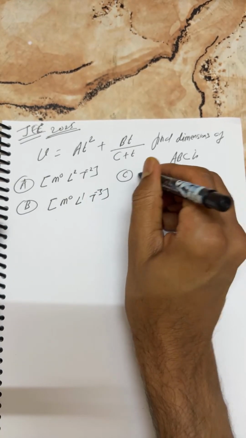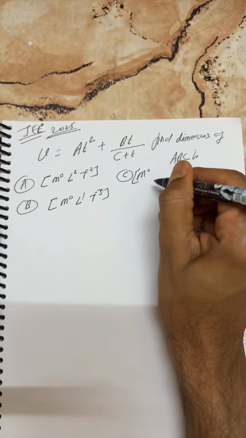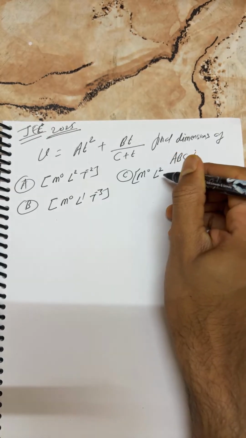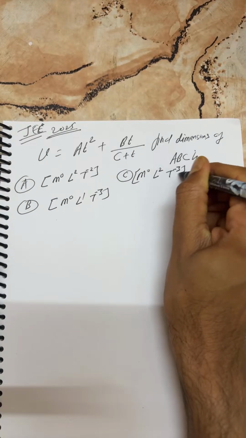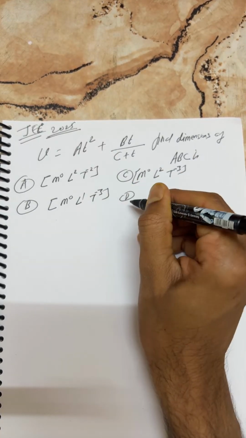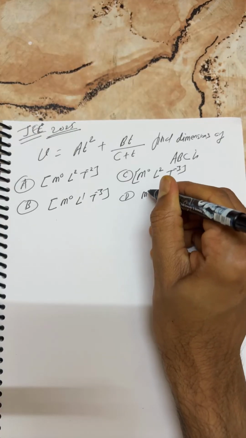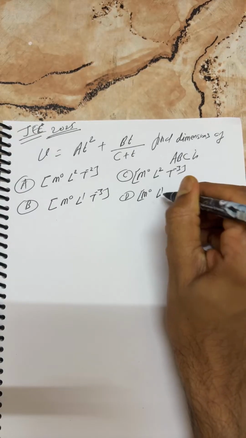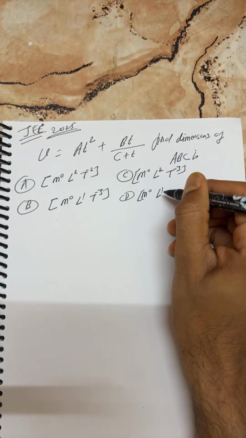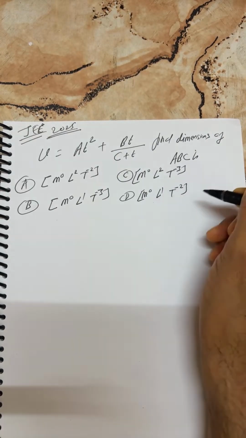Then M to the power 0, L to the power 2, T to the power minus 3. And M to the power 0, L to the power 1, T to the power minus 2. This is the question here.